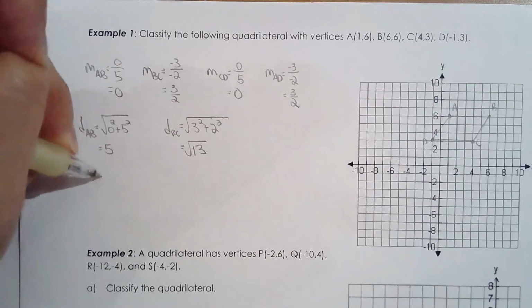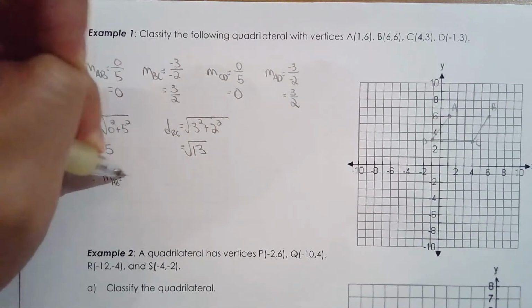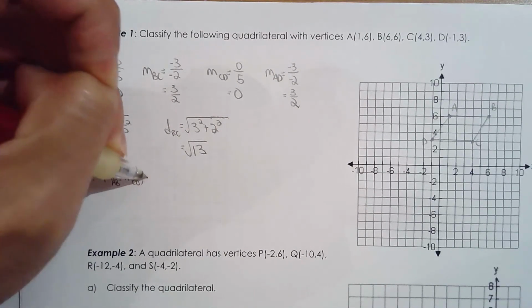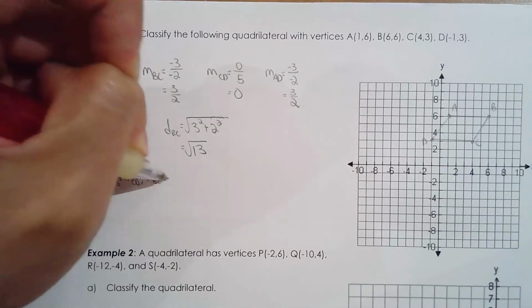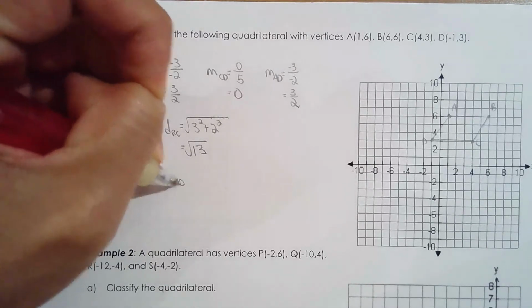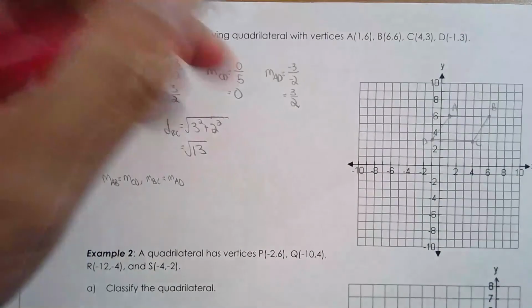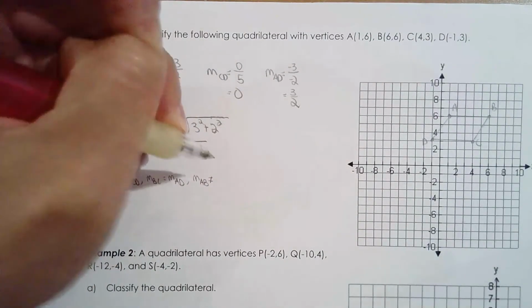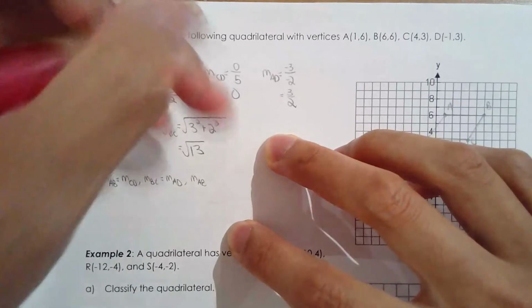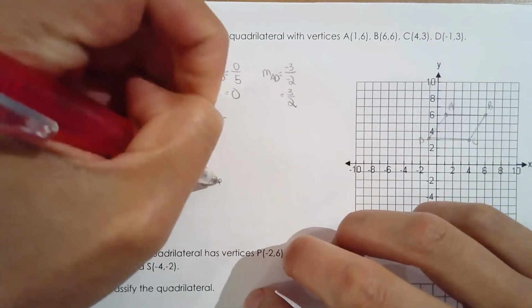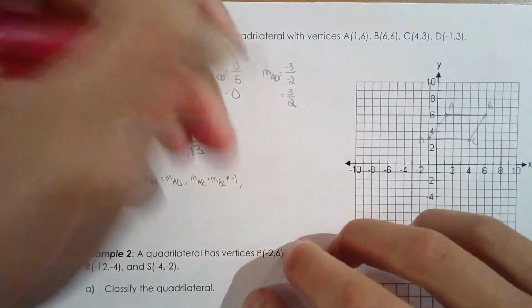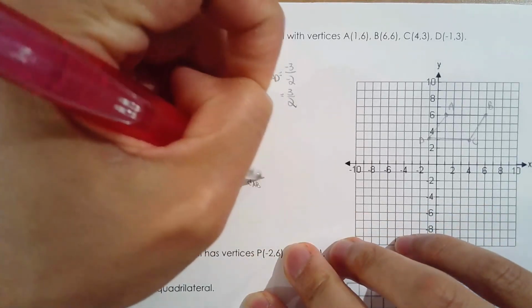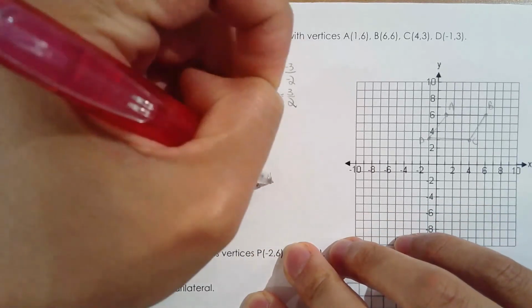So since the slope of AB equals the slope of CD and the slope of BC is equal to the slope of AD, you can also add that the slope of AB times the slope of BC is not equal to -1, and you can say the length of AB is not equal to the length of BC.